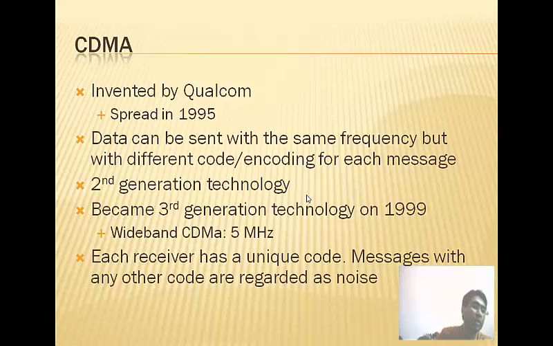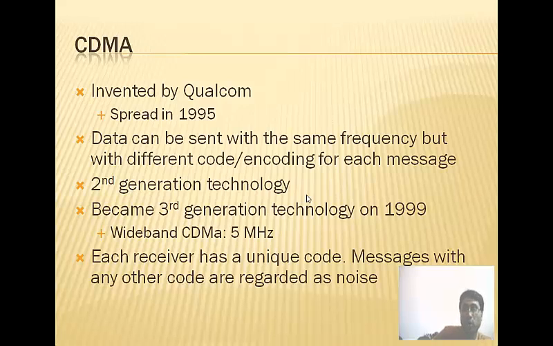Code division multiple access is another cell phone technology. It was invented by Qualcomm and became widespread in 1995. With CDMA, data can be sent on the same frequency but with a different code or encoding for each message, so they are still distinguishable. CDMA started at the second generation of mobile technology. On the first generation, there was no CDMA.